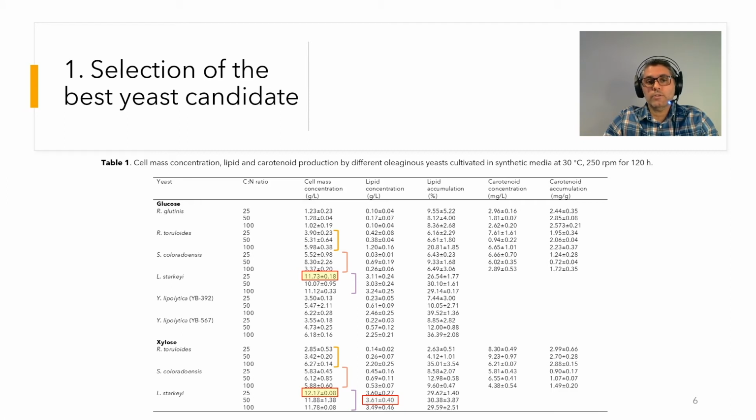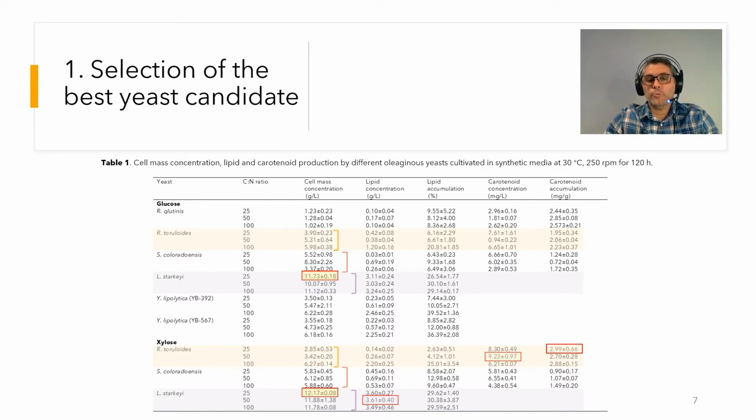Lipid and carotenoid production varied with the different yeasts and carbon-to-nitrogen ratios. The highest lipid concentration, 3.6 grams per liter, was achieved by Lipomyces starkeyi cultivated in xylose media with a carbon-to-nitrogen ratio of 50. It was also found that the highest carotenoid concentration, 9.2 milligrams per liter, was obtained by Rhodosporidium toruloides when using xylose as carbon source and a carbon-to-nitrogen ratio of 50.